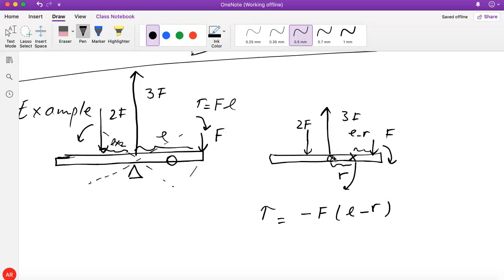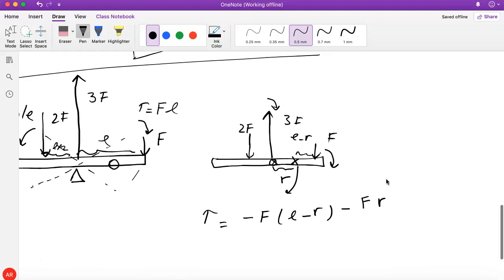What about this force here? Now it doesn't give me a 0 torque. It's at a distance r from the axis of rotation, and it wants to generate again a clockwise rotation like this with respect to that axis. So again, minus F times R. Minus 3F, right?